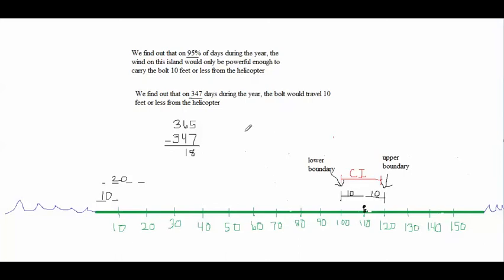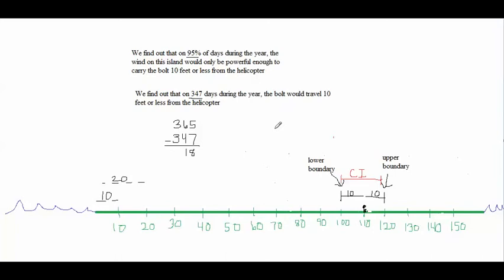So if we know that the bolt had a 95% chance of falling on a day on which it would travel 10 feet or less, then we can say that we're 95% confident that the bolt did actually travel 10 feet or less. Our confidence comes from that probability.